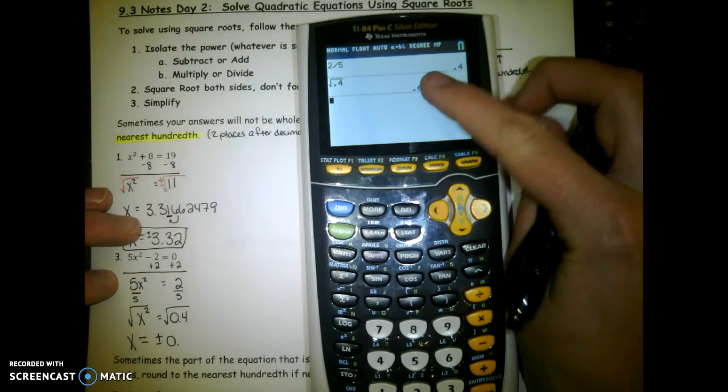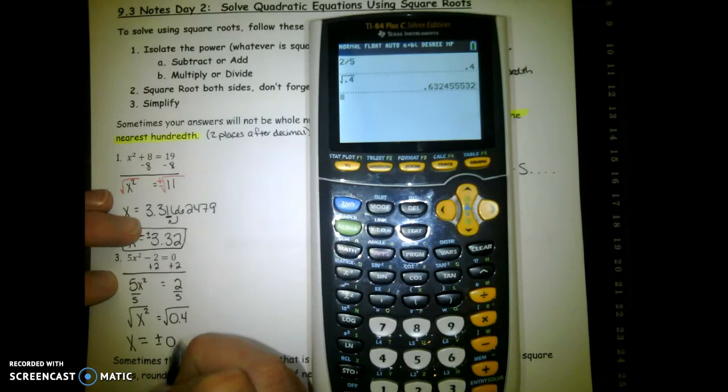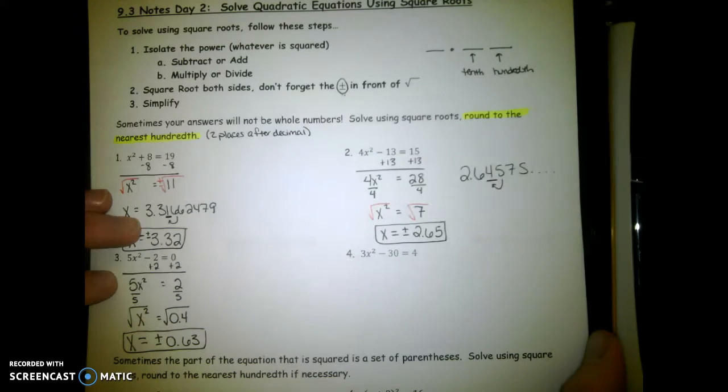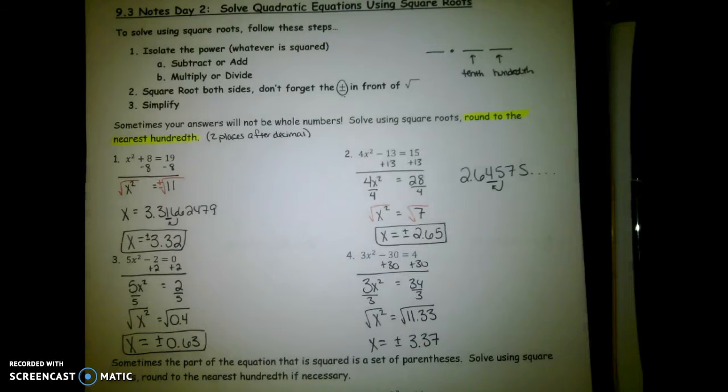That means we just get to cut this off right after the 3, so 0.63. Okay, try number 4 on your own. I'll put the answer up in a little bit. Here's what I got for number 4.